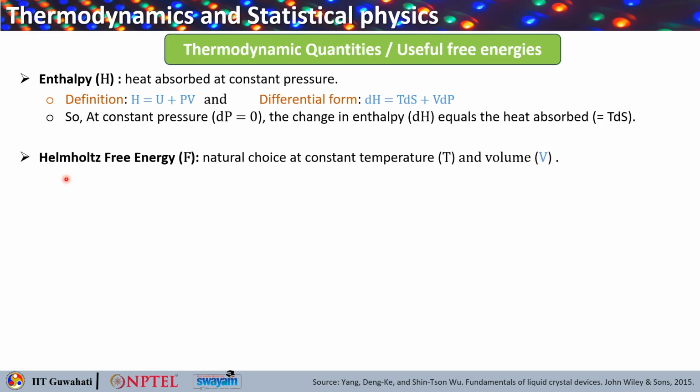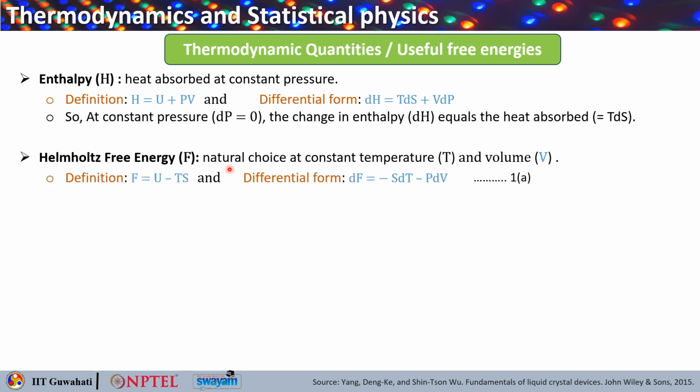Next, we will look into Helmholtz free energy. So, this is represented as F or A. This is basically a thermodynamic potential that measures the useful work obtainable from a closed system at a constant temperature T and volume V. Okay.